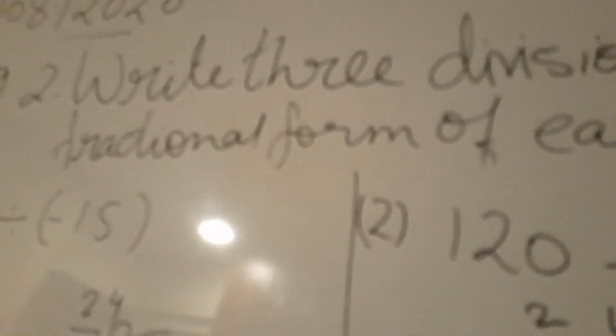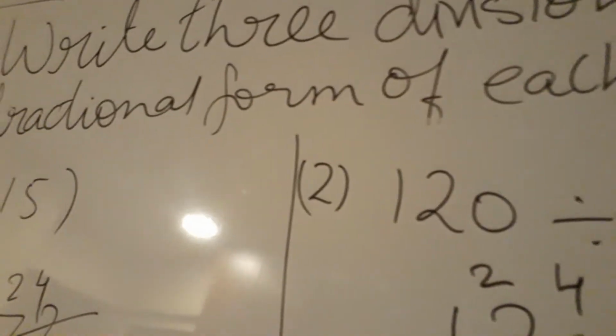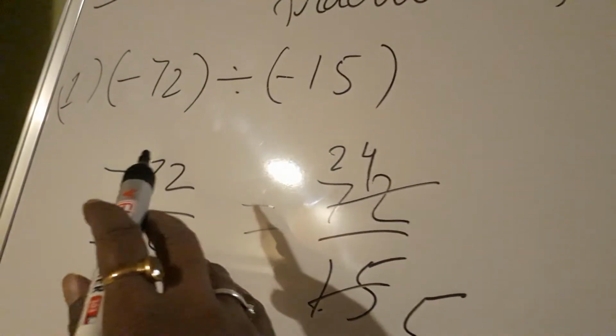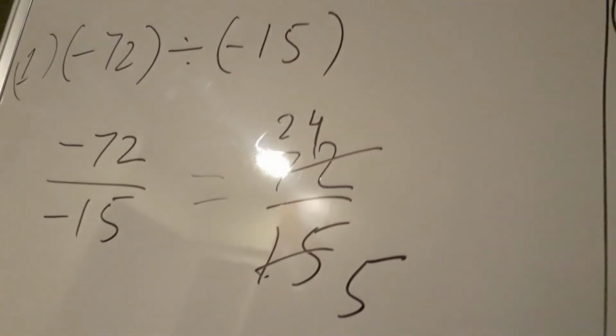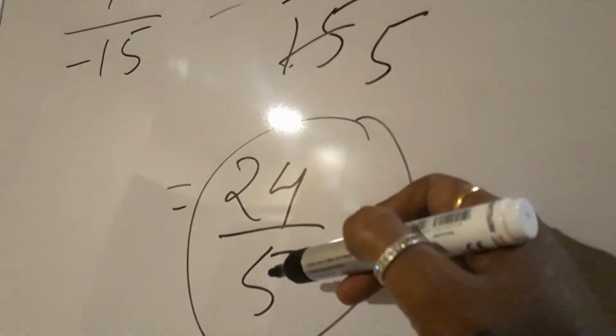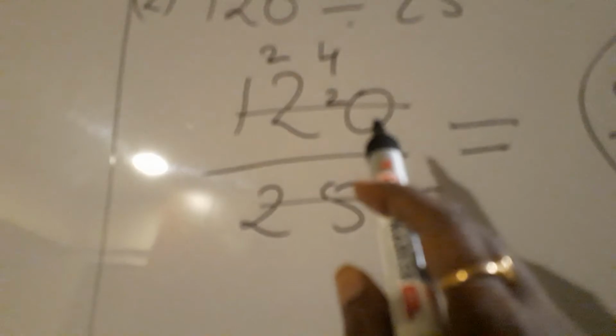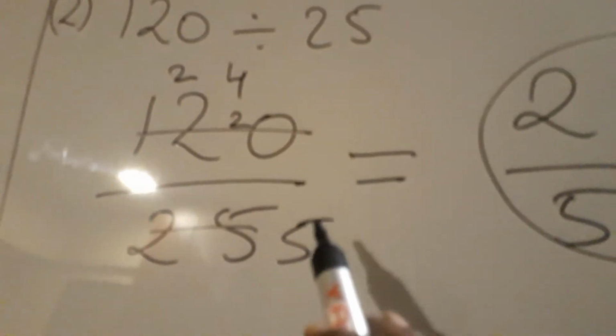So please understand once more. Write 3 divisions of integers such that the fractional form of each will be 24 upon 5. So we have picked up minus 72 divided by minus 15. It gives you the answer as positive 24 upon 5. 120 divided by 25. Both positive integers we have taken.